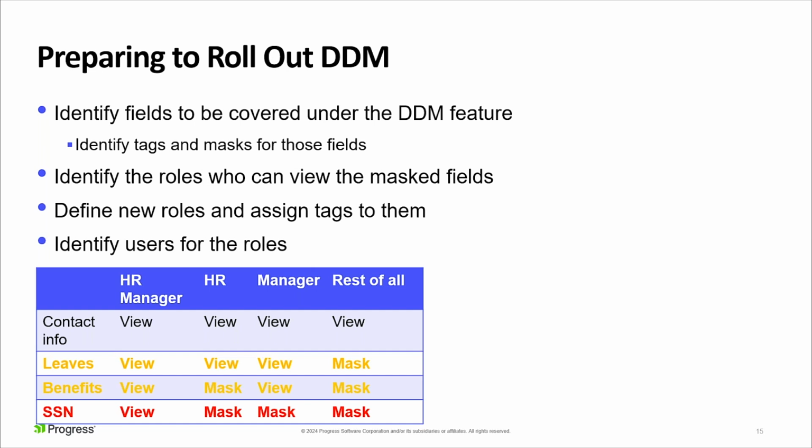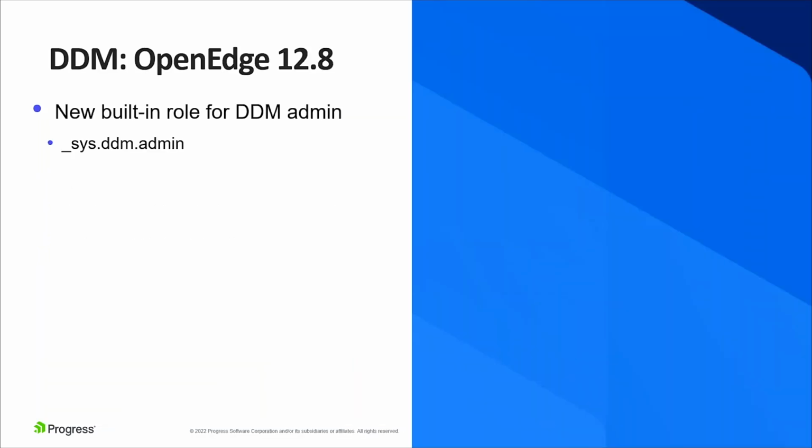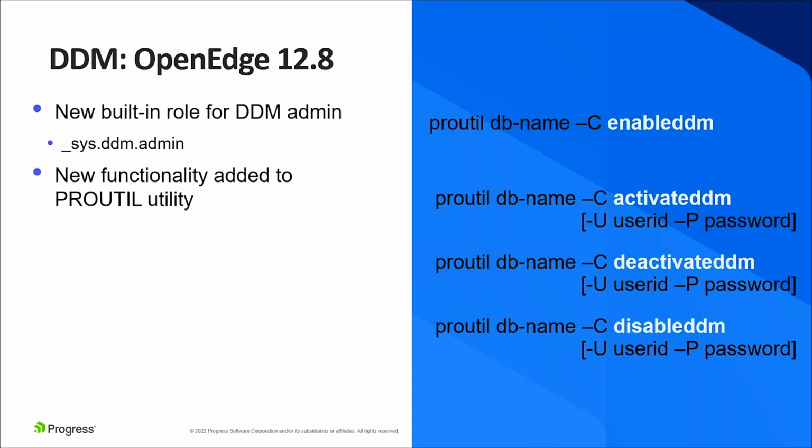Let's see what tools are provided in OpenEdge 12.8 to configure DDM. In 12.8, we have introduced a new built-in role for the DDM admin that's called _sys DDM admin. Also, we have enhanced ProUtil with new commands to manage this feature. We have enable DDM, activate DDM, deactivate DDM, and disable DDM.